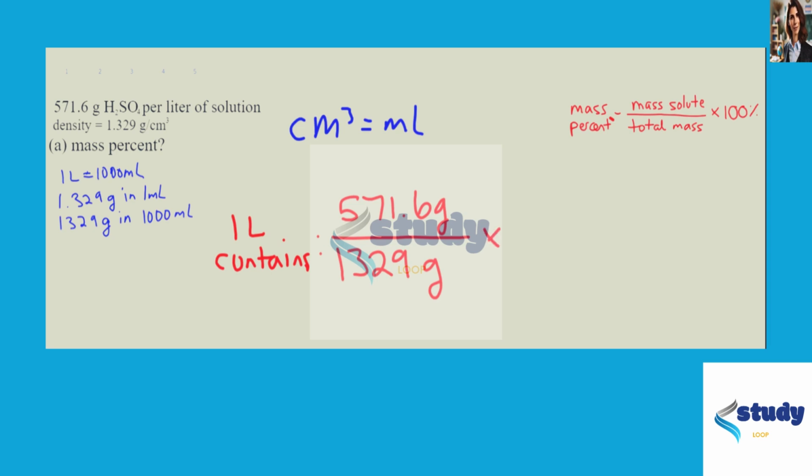And that was basically in our givens. We're going to multiply that times 100%. Notice that we've got our solute and the total solution. And what we find is that this is equal to 43.01% sulfuric acid.